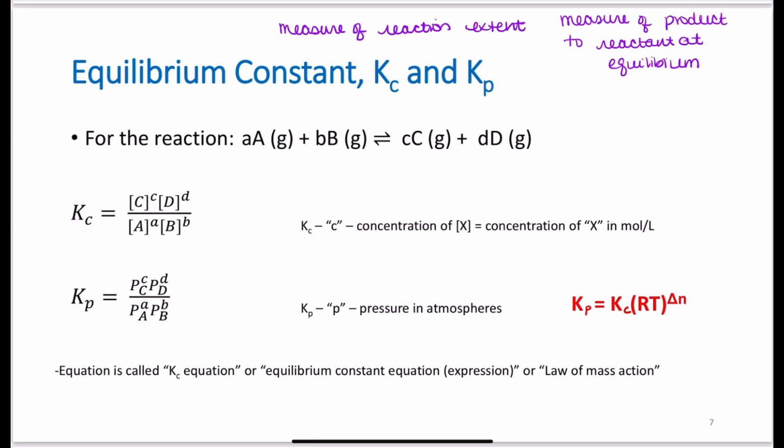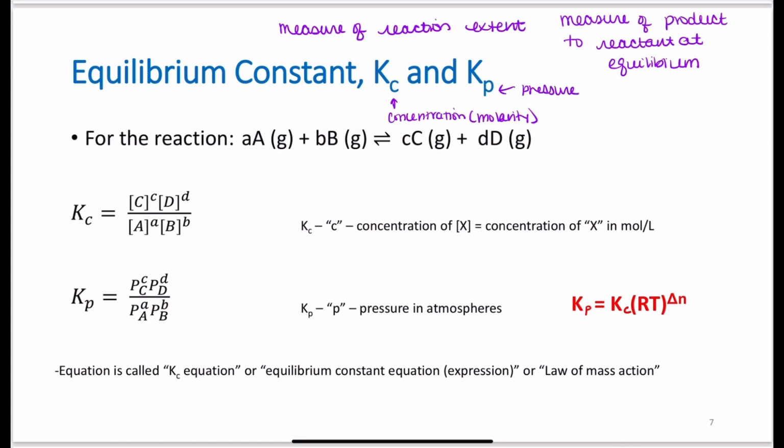The reason I say measure of, and not specify what type of measure, is that the subscript tells me that. This tells me concentration, which we mean molarity here. This means pressure.